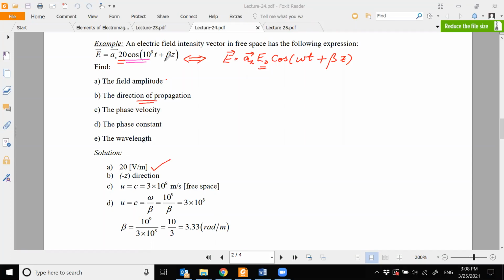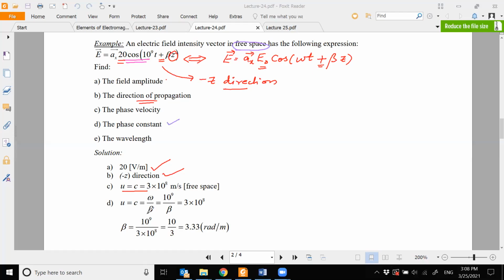Direction of propagation: the sign is positive, and here it is z, so it is going in the minus z direction. Phase velocity u: because it is in free space, we know very well that the phase velocity will be the same as the velocity of light, so 3 times 10^8 meters per second.